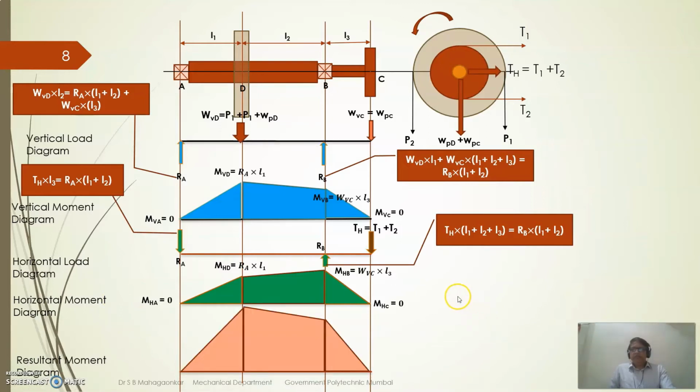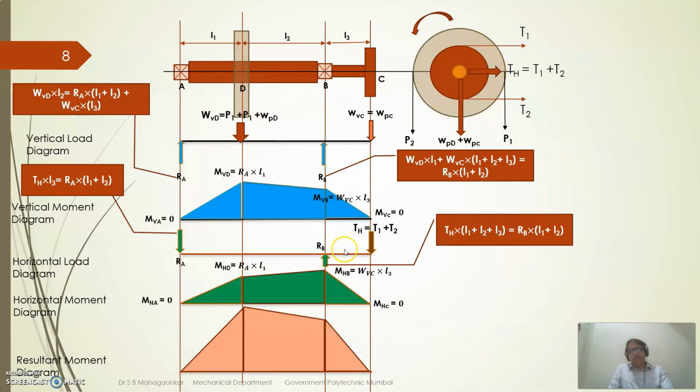So in the illustration problem, I have just given the method. In that, you have known how to find the reactions for the vertical load diagram, and then the vertical moment diagram was drawn. Similarly, the horizontal load diagram is acting at the pulley at C only.